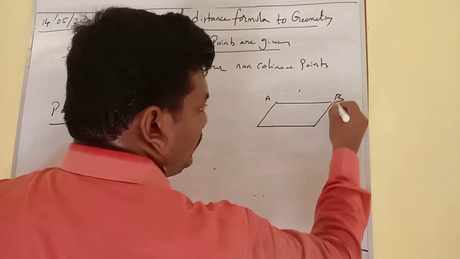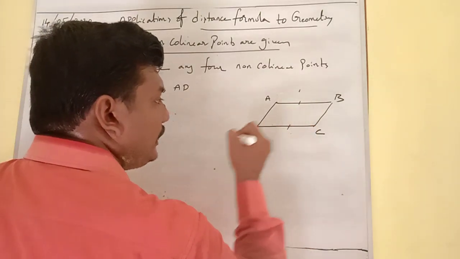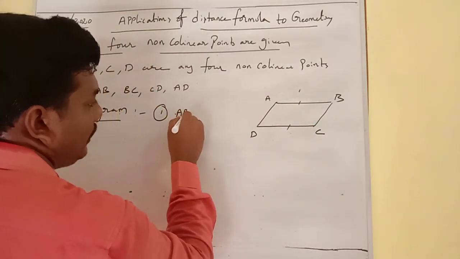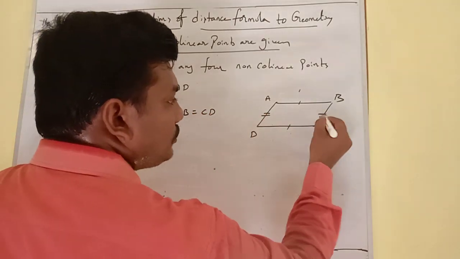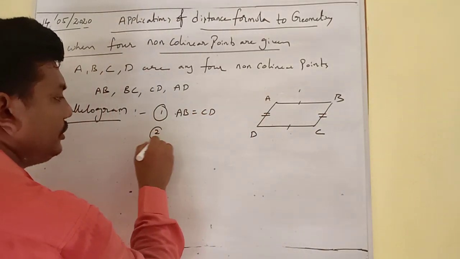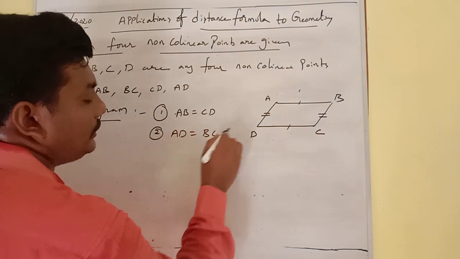A, B, C, D. Opposite sides are equal. That is AB is equal to CD. Then these two sides are also equal. So the second condition is AD is equal to BC.